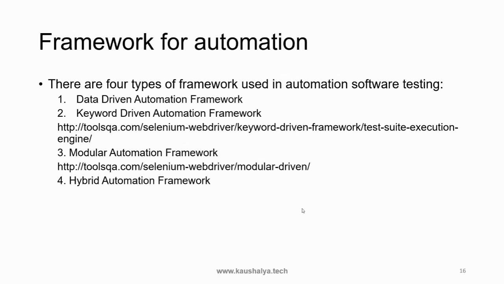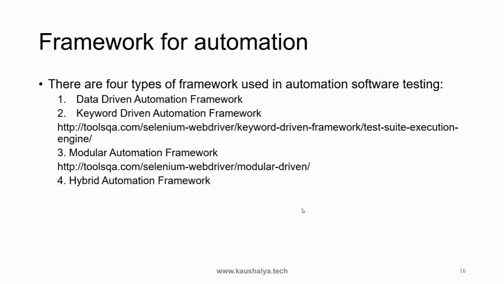And then the modular automation framework is where essentially we build a page object model. We put a proper framework to it, and the test script is separate, the test cases or test data is separate, and identifying the elements of a form is different. So we put a proper modular approach in modular automation testing.